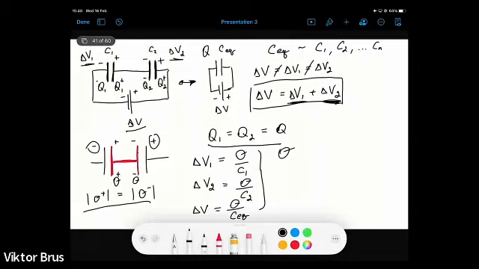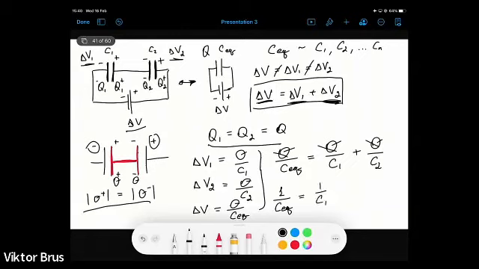So we have Q divided by C equivalent equal to, so that stands for delta V, instead of delta V1 we substitute Q divided by C1 plus Q divided by C2. So now we can get rid of this Q because it's the same. So eventually 1 over C equivalent is equal to 1 over C1 plus 1 over C2.